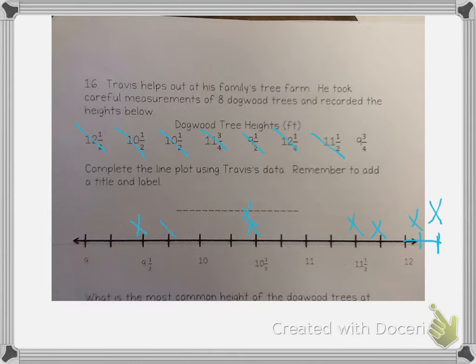And 9 and 3/4. It says make sure to add a title and a label. So my label, this is all feet, and the title is height of dogwood trees.